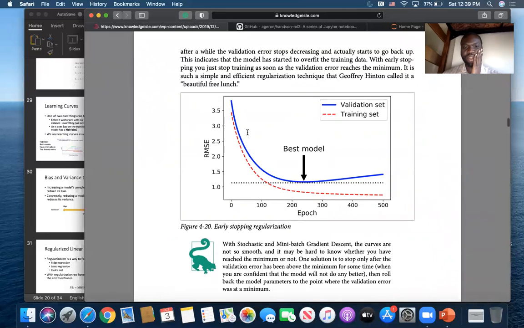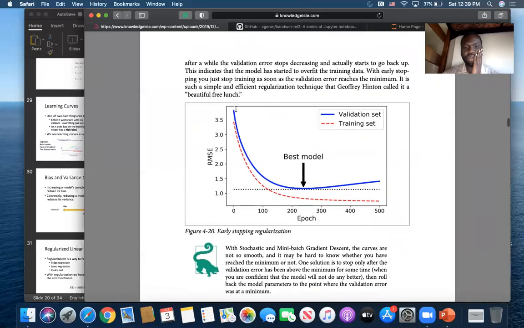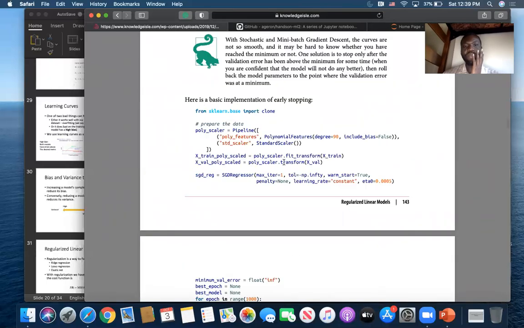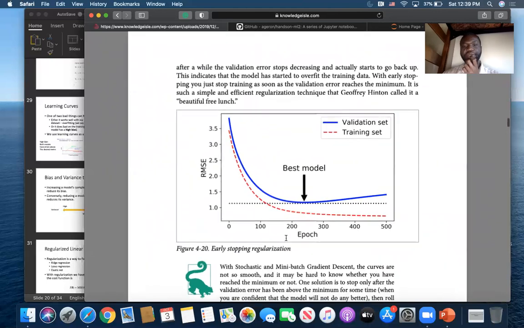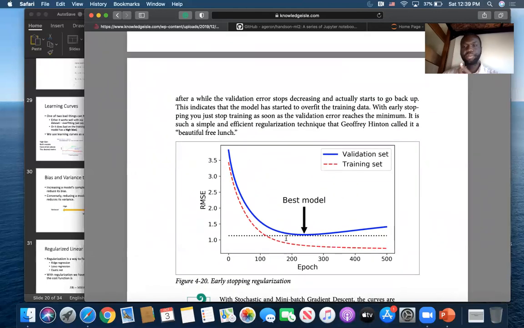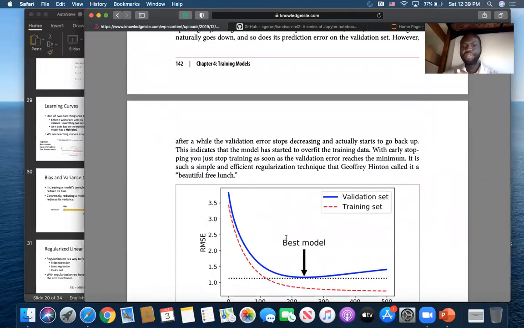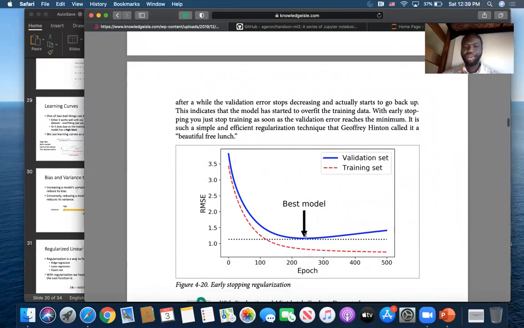So typically you run it for some samples, for some predictions. So you basically try different models, and then you basically stop once you have a good value of theta 0 and theta 1.